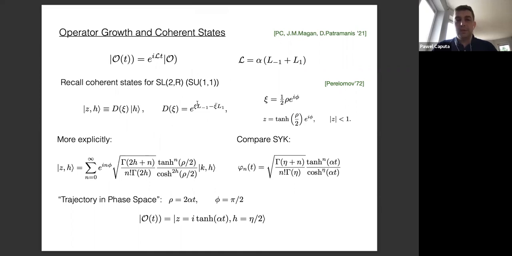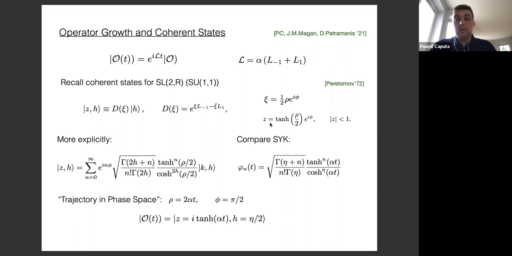And these displacement operators, if you remember from some quantum mechanics, can be parameterized by a complex parameter xi. It's useful to write it in coordinates rho and phi. This rho goes from 0 to infinity, and phi is between 0 and 2 pi.